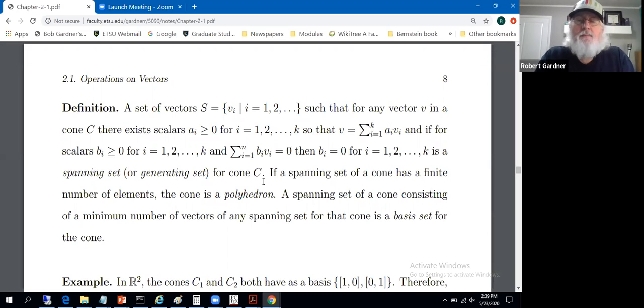All right, now we have a little odd situation here where this spanning set itself could be infinite, yet we only took finite sums. So it's a spanning set, but we wrote every vector as a finite sum of these things. Yeah, we could only take finite sums.